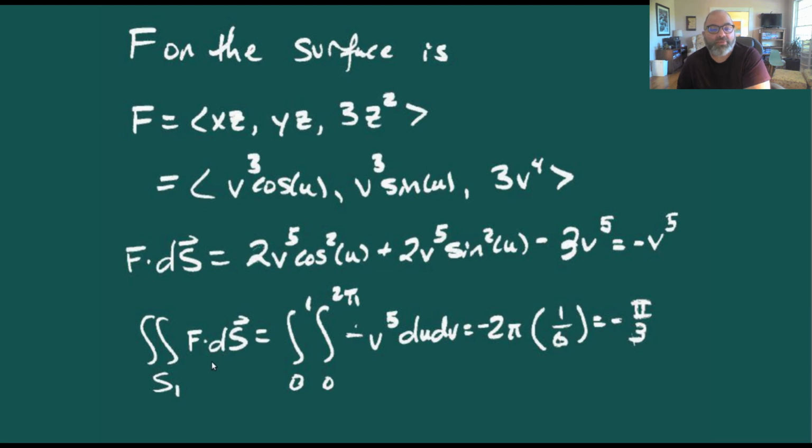And so when we do our surface integral over S1 of F dot dS, we've got our integral from 0 to 2 pi, 0 to 1 of negative v to the fifth du dv. And so that ends up giving us the answer of negative pi over 3.